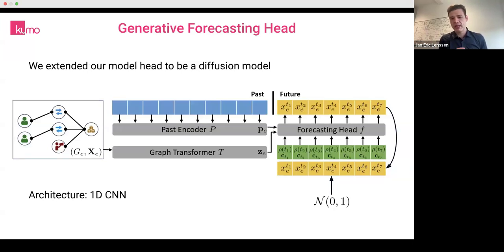So we can extend this architecture in a quite lightweight way to a generative model, which, during inference after it was trained, takes a randomly initialized time series that you want to predict, and then iteratively denoises this time series until it reaches your final prediction. As architecture here, you can, for example, use a one-dimensional convolutional neural network again, which just performs this denoising.